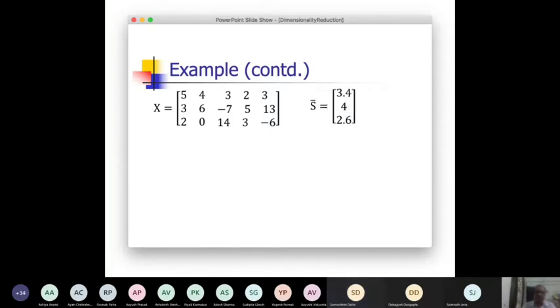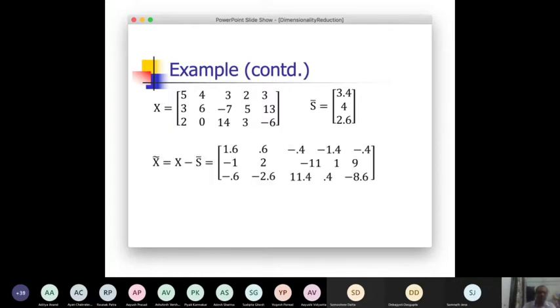That is what we did here. This is the mean of the columns, so you get a column vector as the mean, and then centering means subtracting the mean from each column, and this is the centered data.